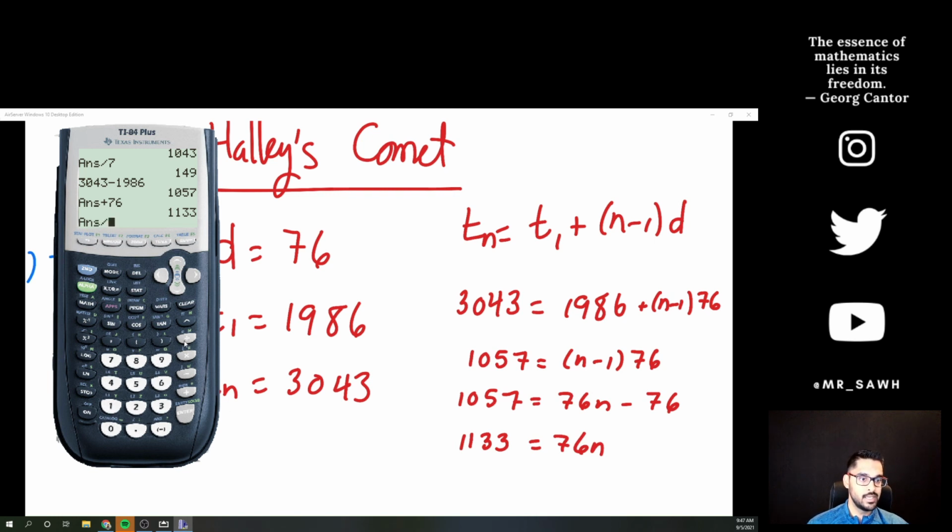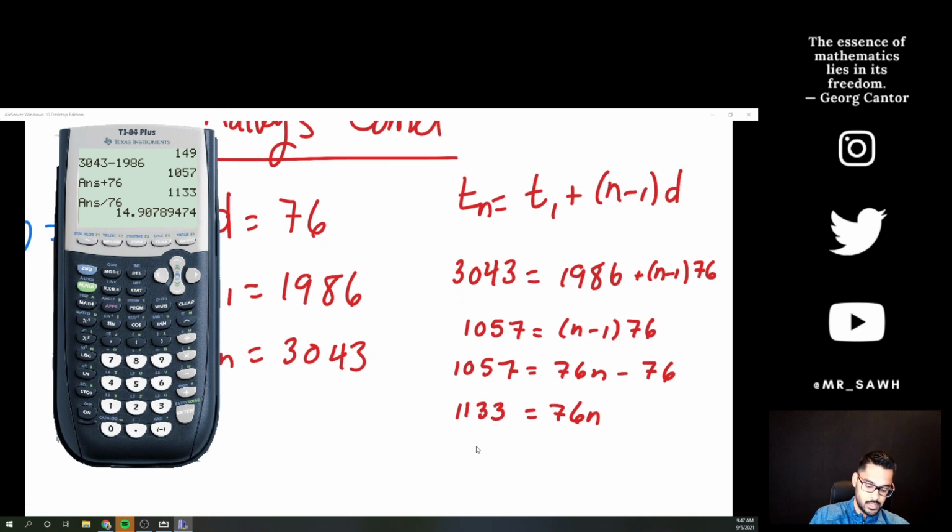Divide both sides by 76 now, and I end up with a decimal for n, which ends up being a problem. This ends up being 14.907 something for n.